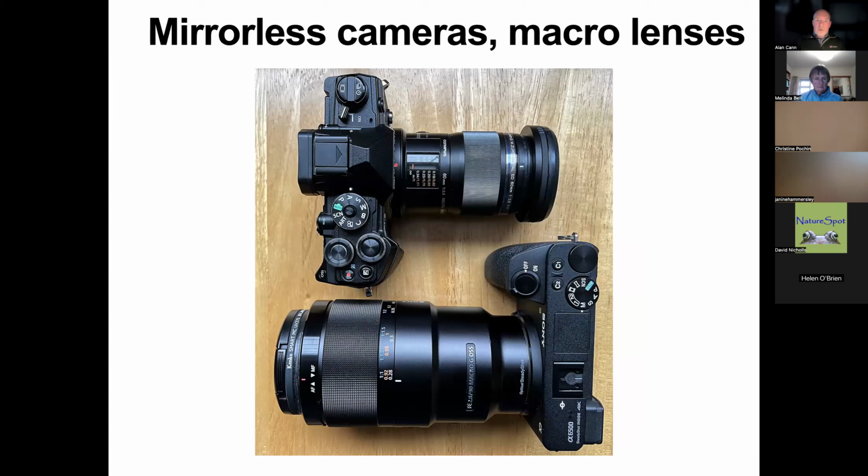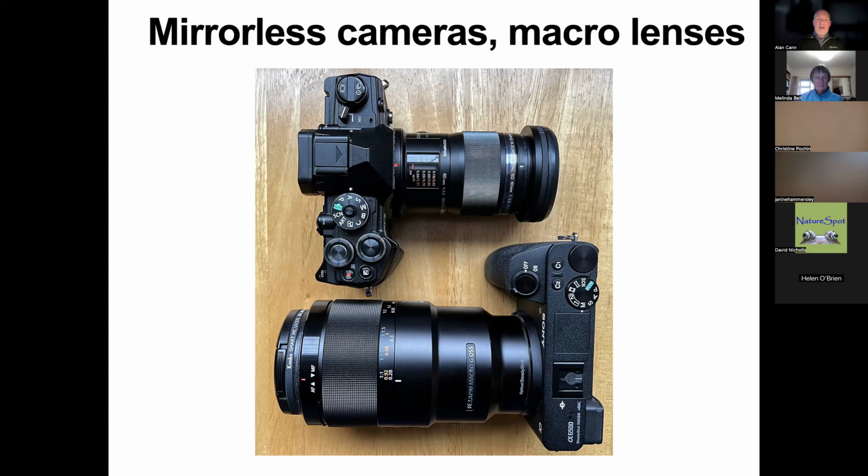Okay, so we move on. We've moved on from a camera you can put in a shirt pocket. We've moved up to these bigger cameras, what we would call SLRs, single lens reflex cameras, where you're actually seeing what the camera is seeing.